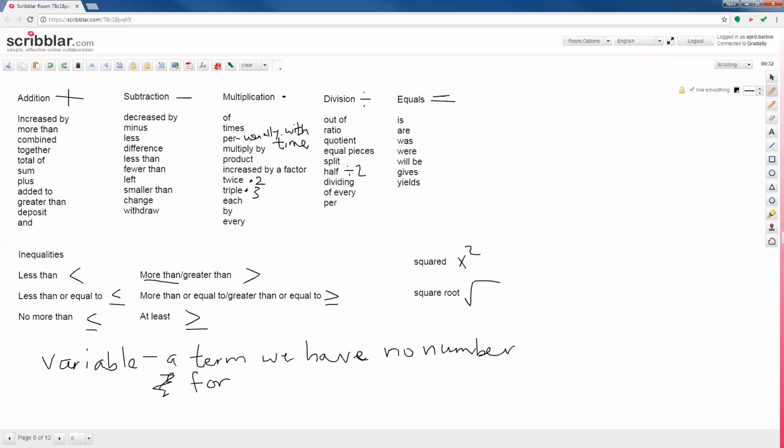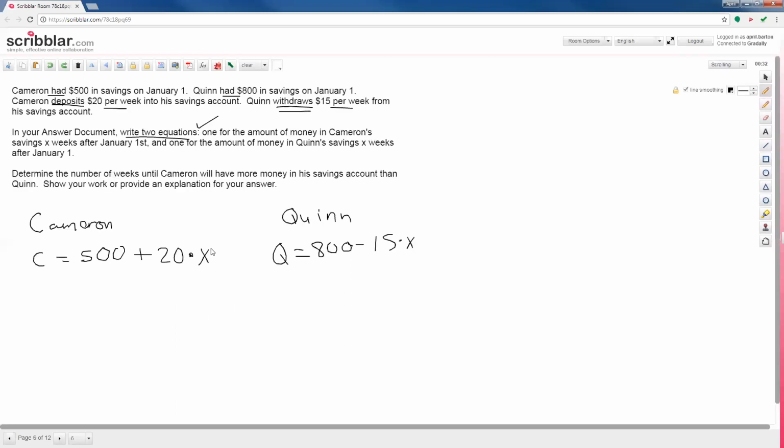So this is where the translation can just be tricky. Sometimes we have to think about the context and think, did they want Cameron's plus Quinn's amount, or did they just want to know, does Cameron have more money than Quinn? So a comparison, we're just comparing Cameron to Quinn, that's going to be the greater than or whatever inequality symbol.